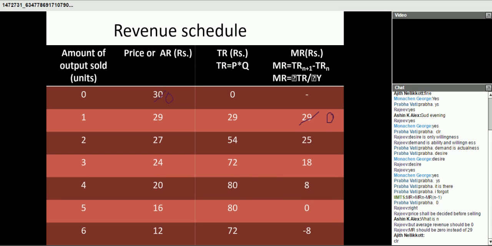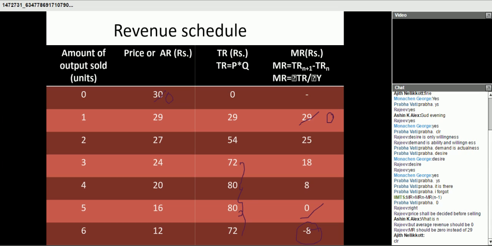Then 80 minus 80, the answer is 0. Then 72 minus 80, the answer will be minus 8. So the marginal revenue has started becoming negative now. It is declining and now it has reached a negative point.